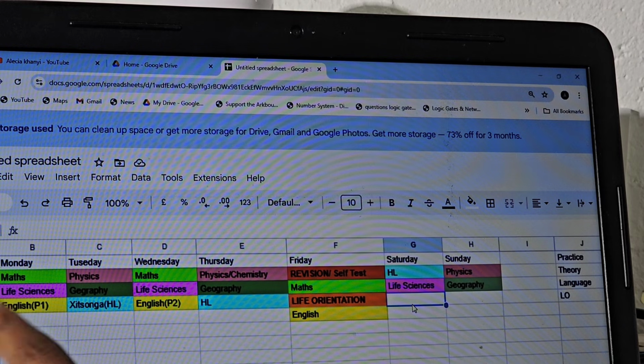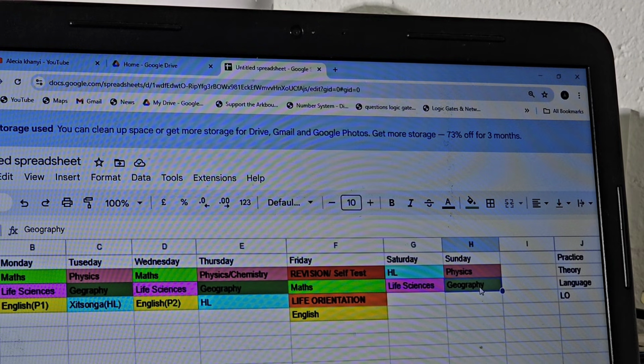And then this one will be the outlier where you do it back to back. So you have physics and geography on a Sunday. You wouldn't want to be doing much English because you have it here. I would suggest bigger subjects like maths. Let me put this physics as chemistry.